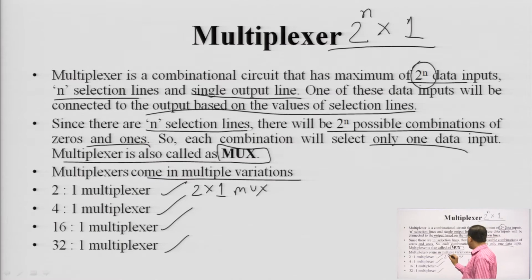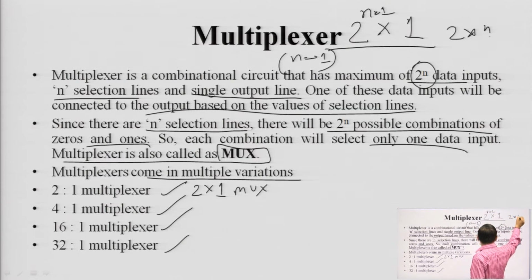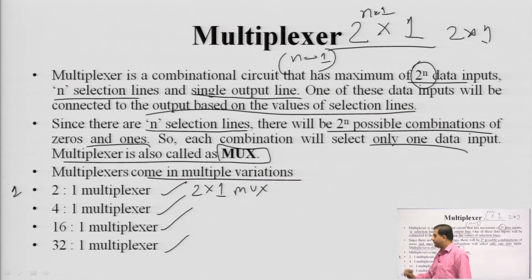If n is 0, 2 to the power 0 is 1. Here n is 1, so it is 2 cross 1, and the number of select lines is 1.